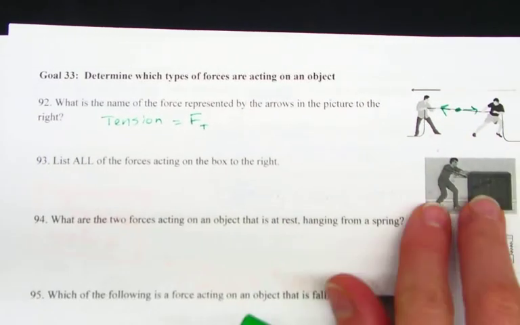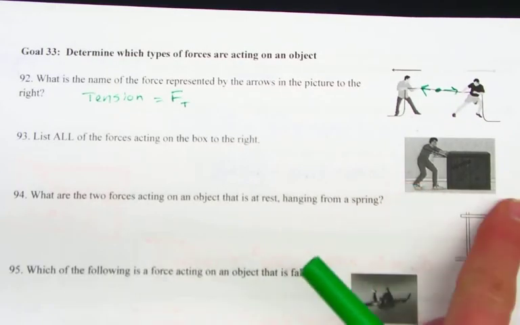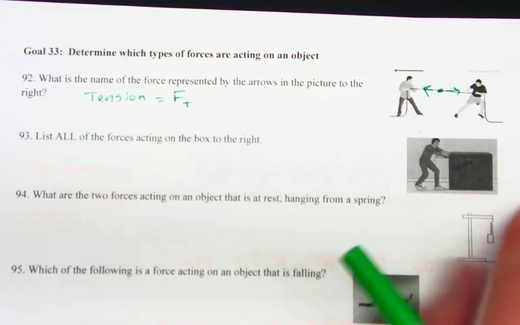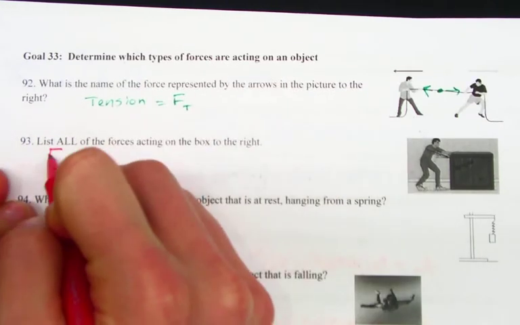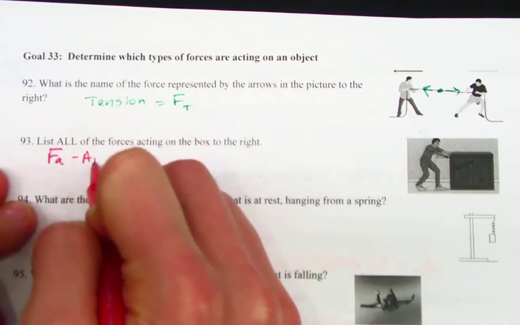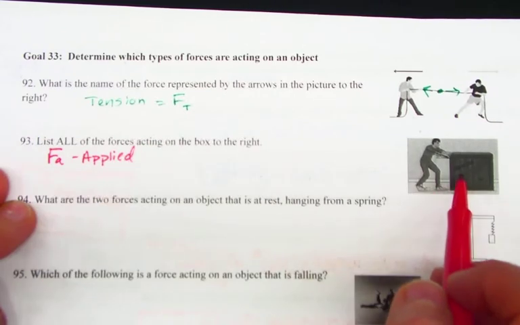Okay, if we want to list all the forces on this box, what's happening here is this guy is moving the box along the floor. If that's the case, then the forces that we're going to be able to see are going to be the applied force, FA. That's the guy pushing on the box.